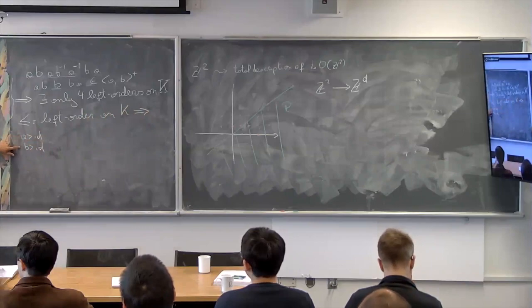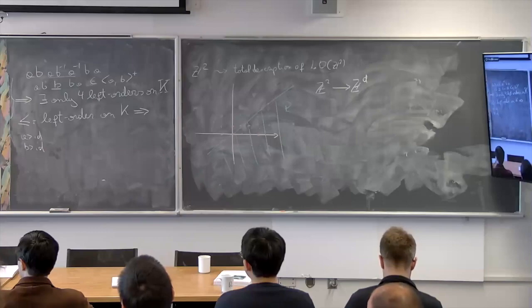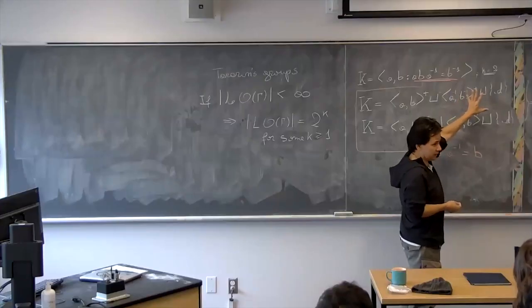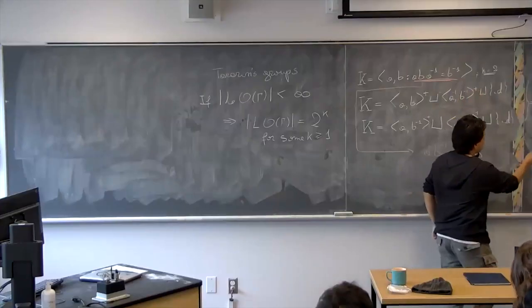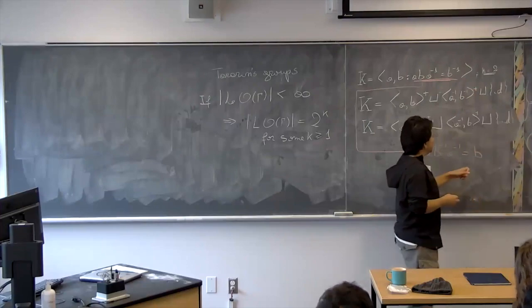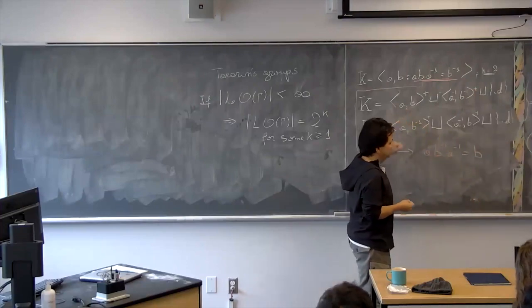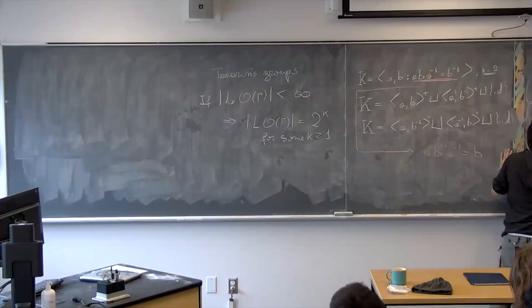So the positive cone of the order is contained in this, and the negative cone of the order is contained in this, and so they are equal. So there is no more room in the group. So this case corresponds to the order for which this is the positive cone. There is also the case where A is positive and B is negative.